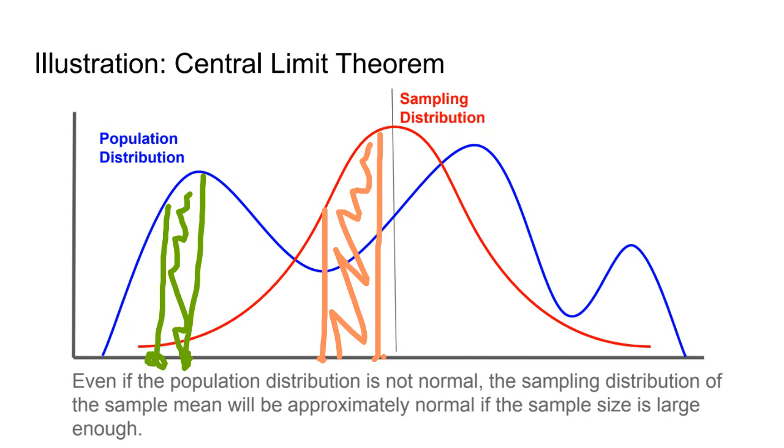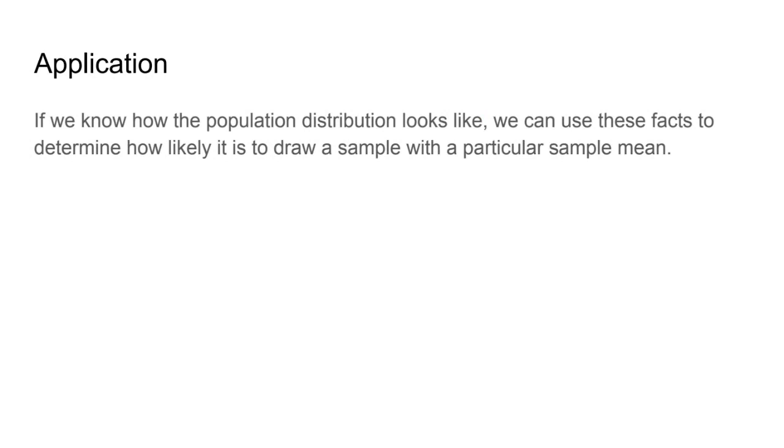Okay, so let's look at some applications. Now, assume for a moment that we know what the population distribution looks like. We can then use the four facts that we discussed before to determine how likely it is to draw a sample with a particular mean.